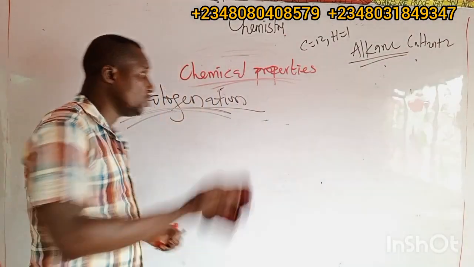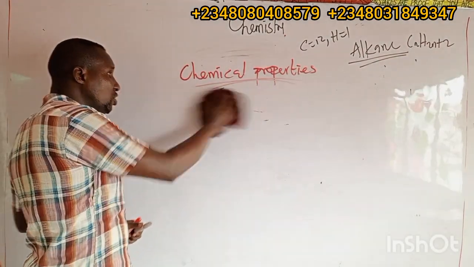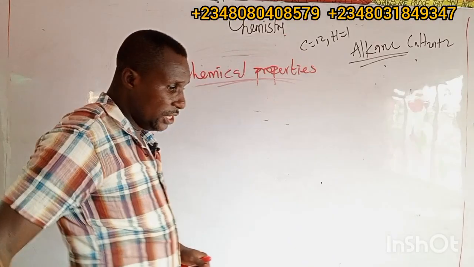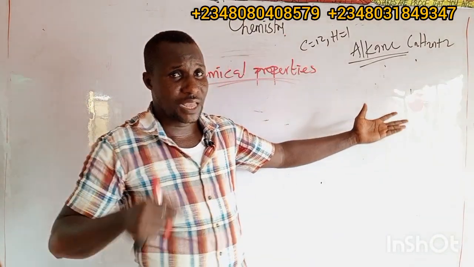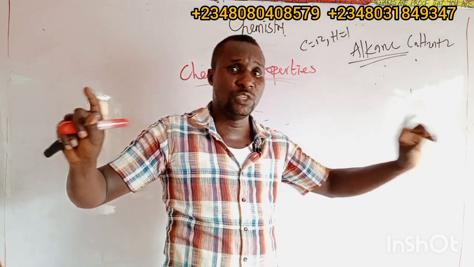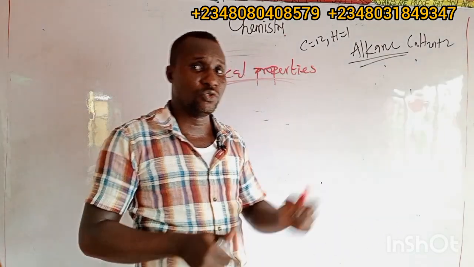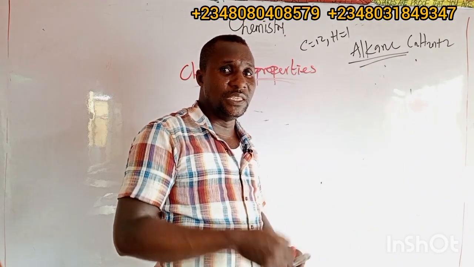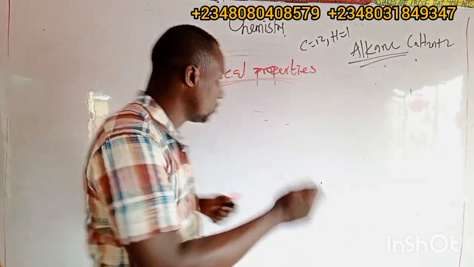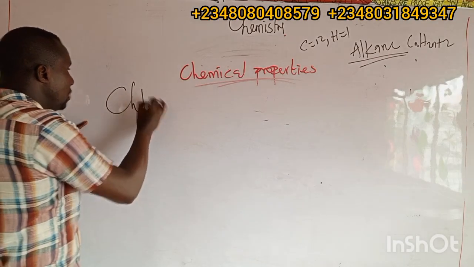Halogenation reaction is when alkane reacts with the halogen family, but I'm taking one of the halogen family, which is chlorine. Reaction between chlorine and alkane is an example of substitution reaction.